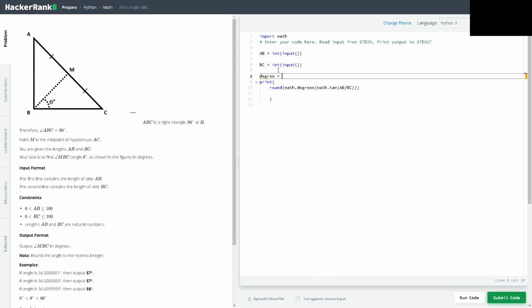It's just a symbol that shows the number is in degrees, right? So we're going to convert an ASCII value. I think it's 176, if you look it up on the internet. Yeah, so 176.